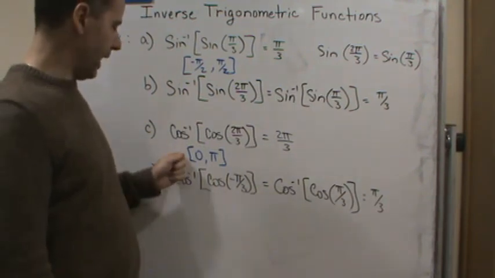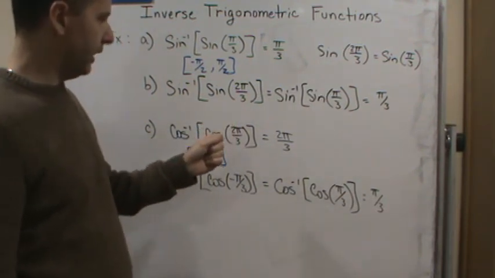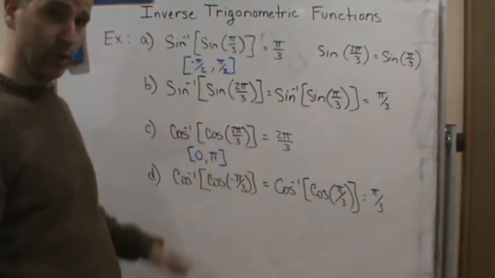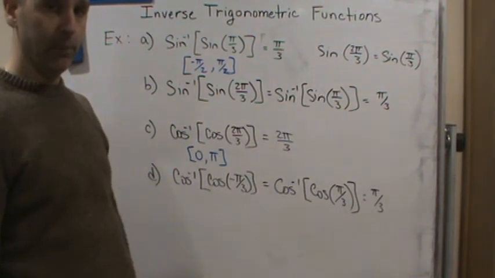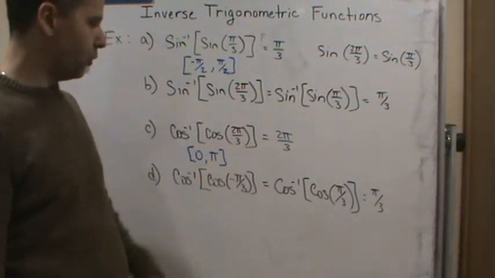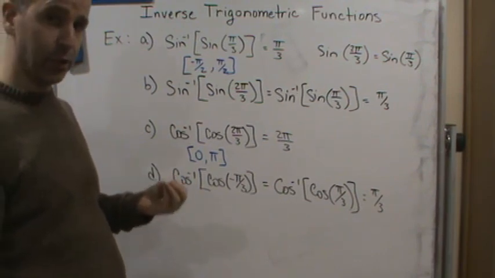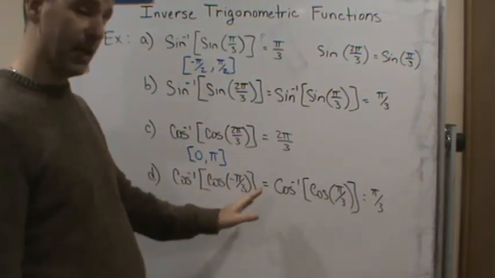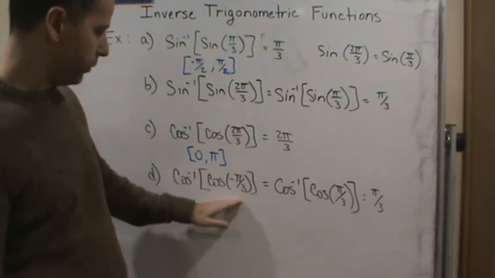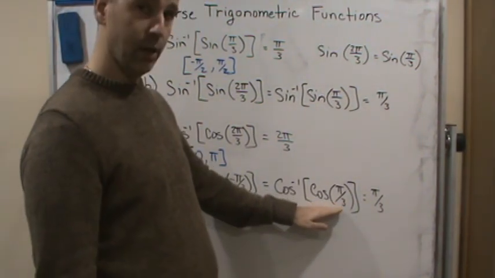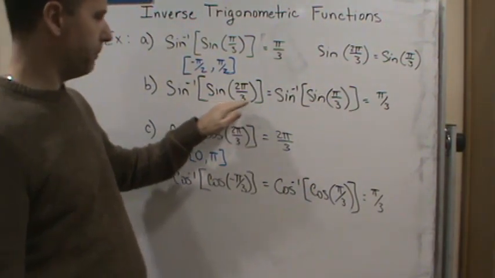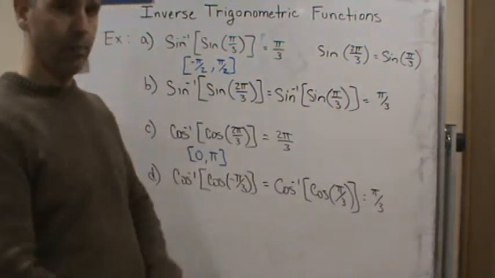Then you just check to see if the angle is inside the restricted domain. If it is, then you use your inverse property. If the angle is not in the domain, then you have to find an angle that is in the domain that gives you the same result, like we did here. Cosine of negative pi over 3 is the same as cosine of positive pi over 3. Sine of 2 pi over 3 is the same as sine of pi over 3.